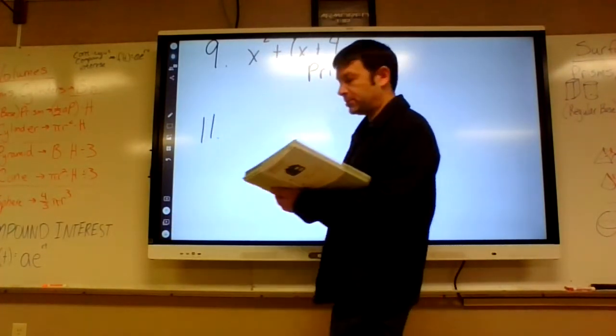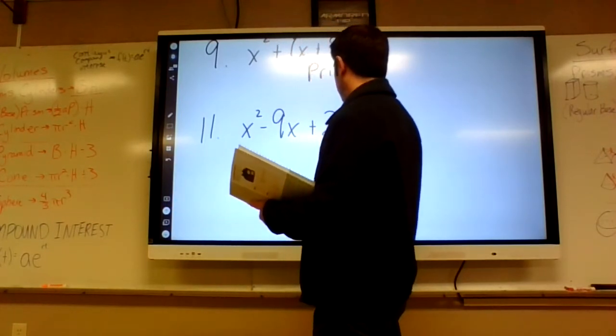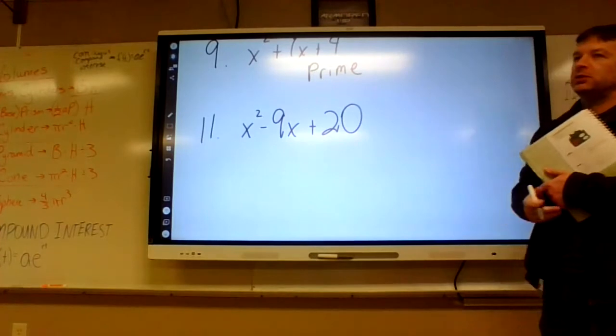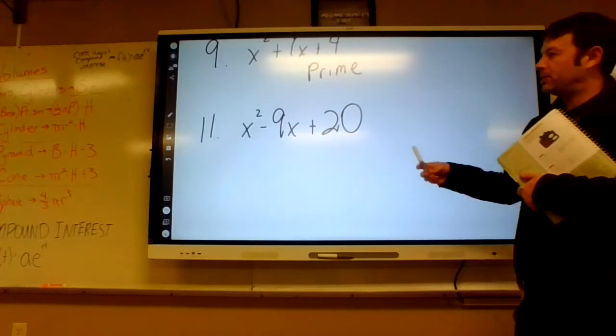Number 11: x squared minus 9x plus 20. What multiplies into 20? We did this one earlier. 5 and 4, 10 and 2, 1 and 20.